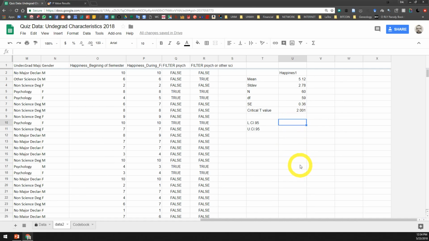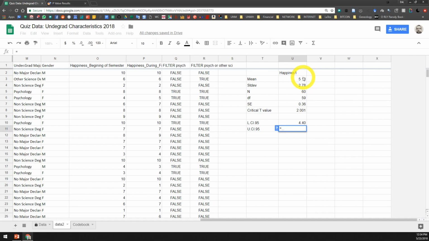And now we have everything we need to calculate the confidence interval for the first happiness. So now we're going to click equals, and remember our point estimate is the mean. We're going to subtract, because this is the lower bound, the t critical value times the standard error, and we get 4.40.